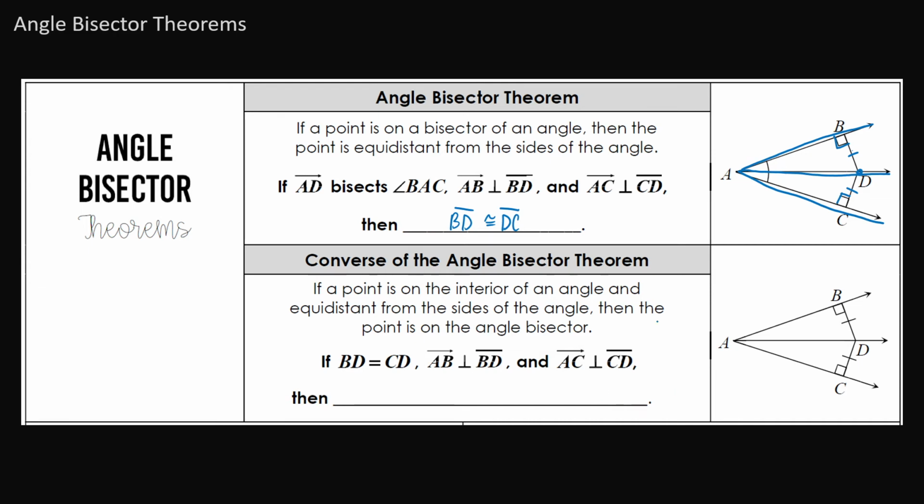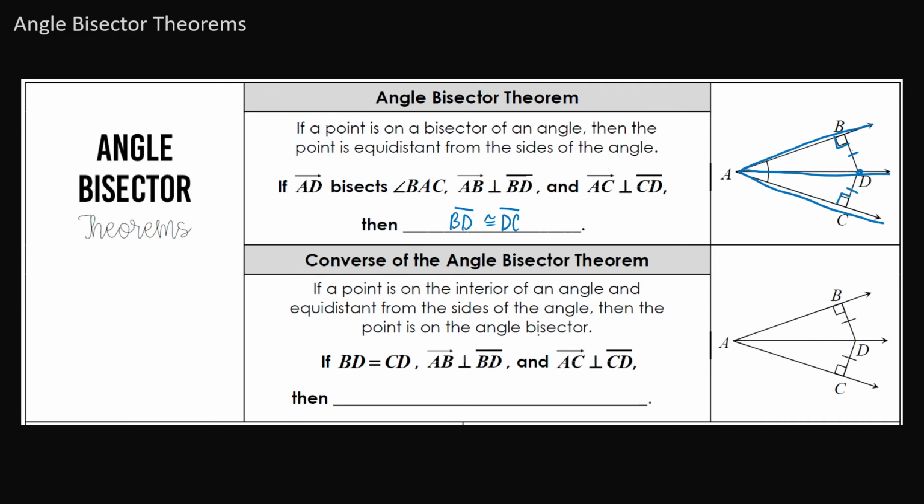If a point is on the inside or interior of an angle, and it's equal distance from the sides of the angle, so we're basically saying if BD is congruent to CD, then we know the point is on the angle bisector.